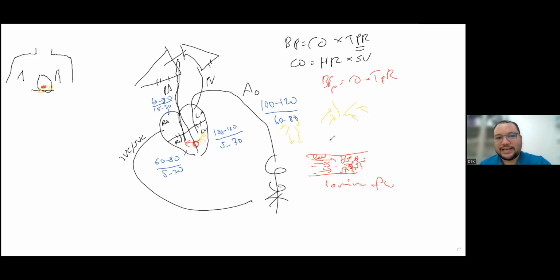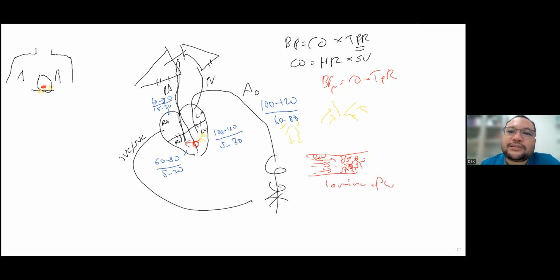Okay, clear? Now let's look at what happens to your BP. When you measure blood pressure and feel the pulse, you are measuring the BP at your pulses. What happens to your pulses?